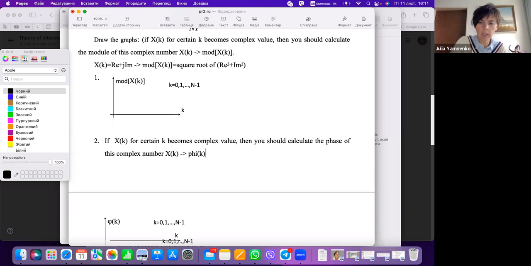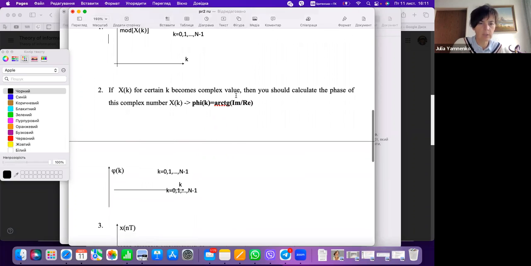Phi from k equals arc tangent of the ratio imaginary part divided by real part of the complex number that you obtain. So this is what you need to calculate values that will be put on the second graph. Here for the first one and here for the second.